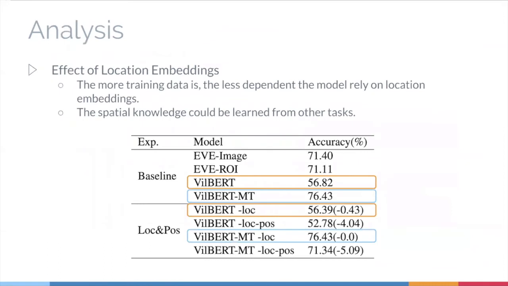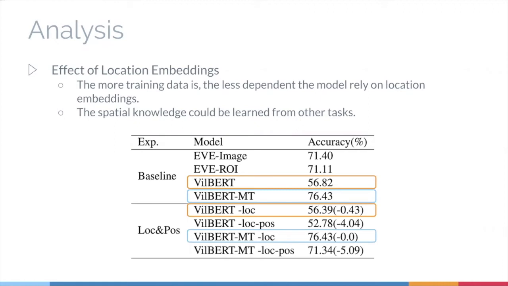From the results, we can see that for location embeddings, for the vanilla ViLBERT model, after removing the location embedding, the performance drops a bit. But for the ViLBERT model pre-trained on 12 more datasets, the performance didn't change at all.